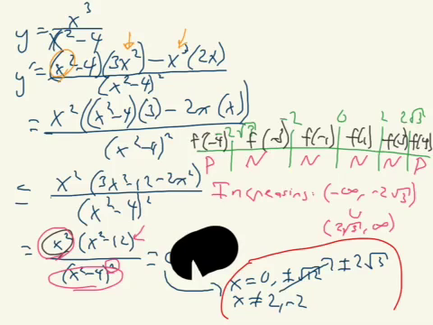Let's see. Decreasing from negative 2 square root of 3 to negative 2 in union with negative 2 to 0 in union with 0 to 2 and one more in union with 2 to 2 square root of 3.